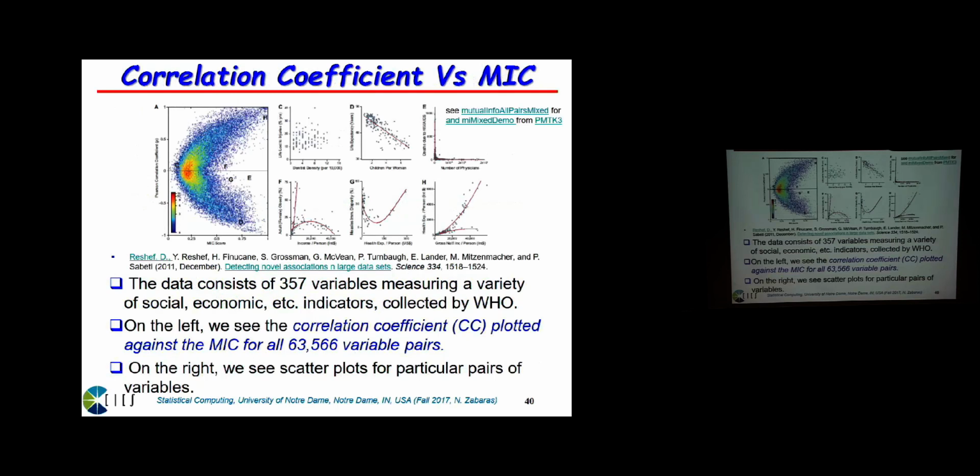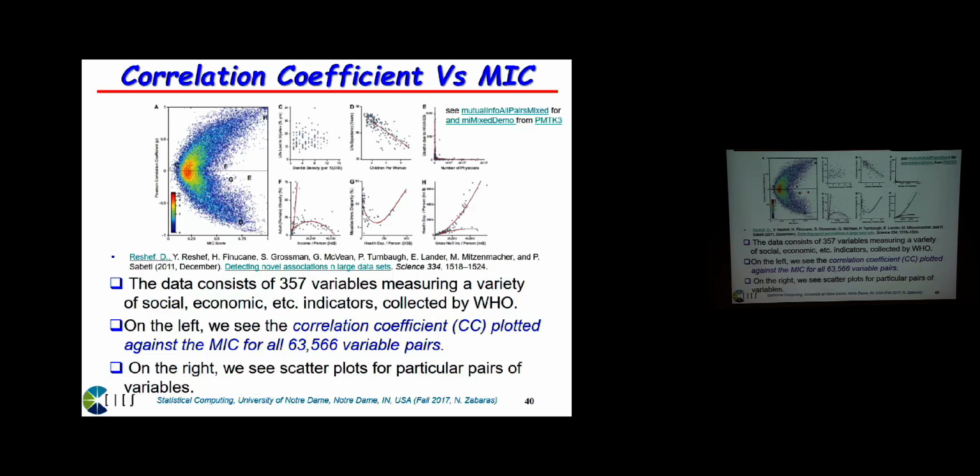They show, and I'm not going into details, that when the maximal information coefficient is high, even if the correlation coefficient is very small, it implies strong nonlinear relations between variables.